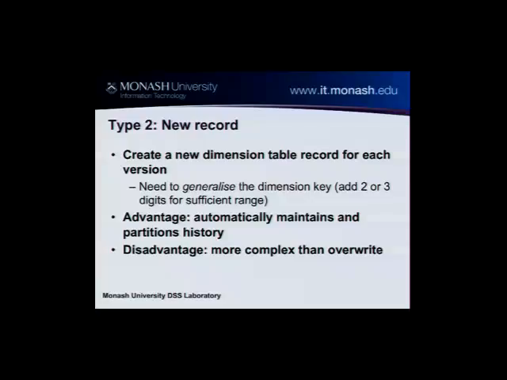Okay, one of the other disadvantages is that it may also make your dimension table become really quite large. So if you're creating multiple versions of each row, that means that your dimension table could be 2 or 3 times larger, depending on the number of versions on average per instance of that dimension table you're keeping around. For most dimension tables, that's not going to be a problem.